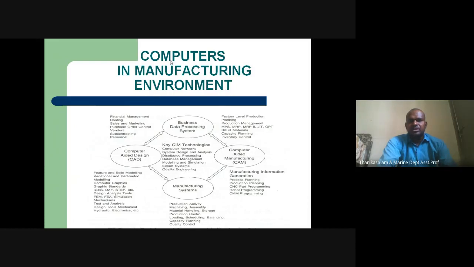We are using computers in many ways for design purposes, business data processing, and manufacturing systems, that is production activity, machining, assembly, material handling, storage, production control, loading, scheduling, balancing, quality control.